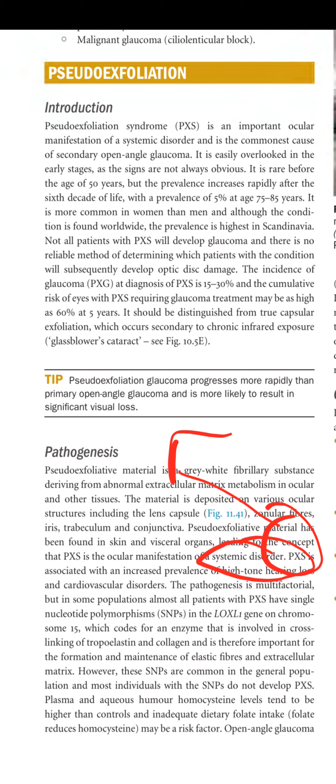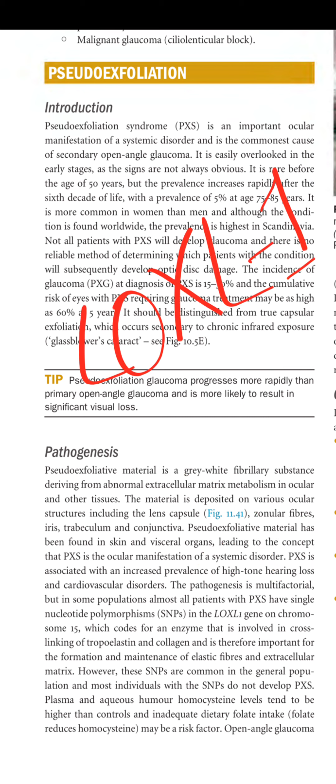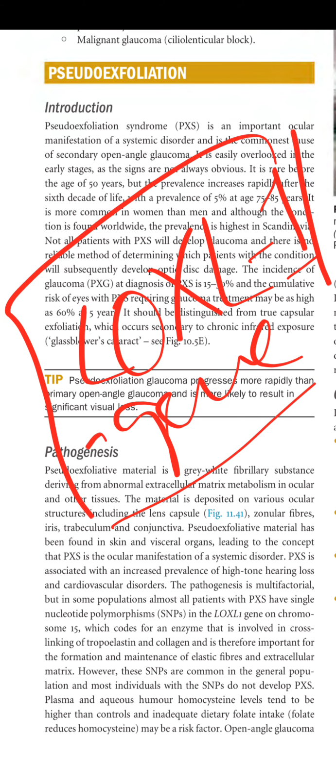The pathogenesis is multifactorial, but in some populations, almost all the patients with pseudoexfoliation syndrome have a single nucleotide polymorphism in the LOXL1 gene on chromosome 15, which codes for an enzyme involved in cross-linking of tropoelastin and collagen, and is therefore important for the formation and maintenance of the elastic fiber and extracellular matrix. So basically, the LOXL1 gene is linked to pseudoexfoliation syndrome.